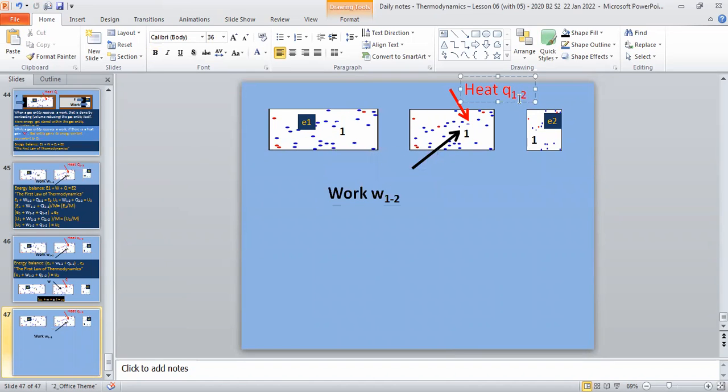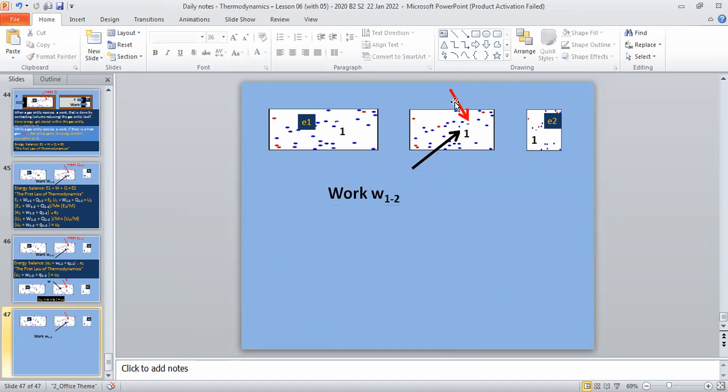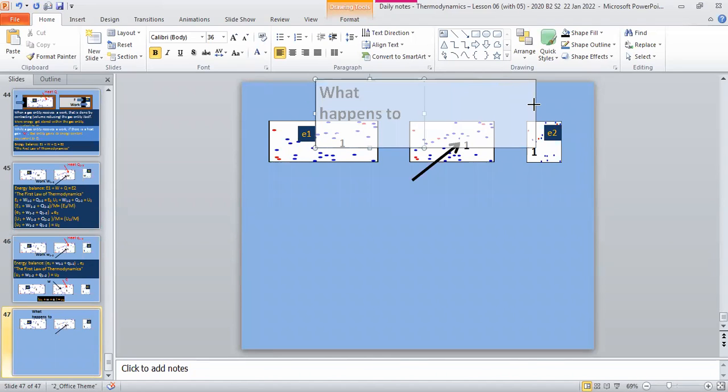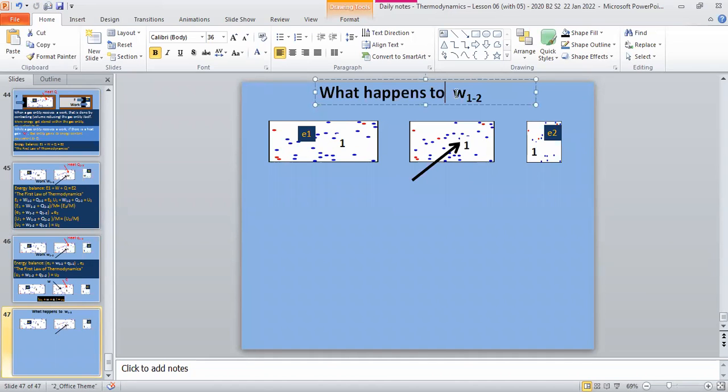This one. What happens to the gas entity when it receives W?